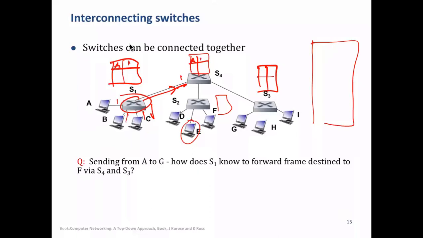And since it doesn't know where E is, it will again flood. And this switch will also know that A is at this port. It could be port 1, 2, 3, or 4, and so on. Whatever port it has received on, it will know that that particular node is at that particular port.